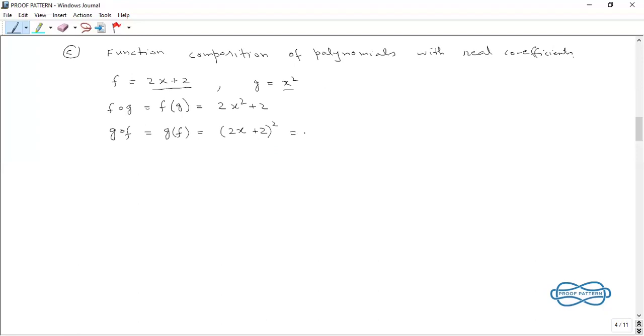And it is clear this is 4x square plus 8x plus 4, and it is not equal to 2x square plus 2. So f of g is not equal to g of f in general. So it is not commutative.